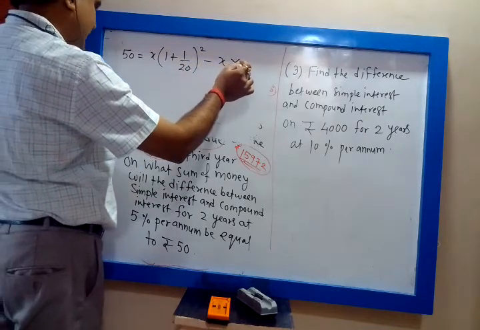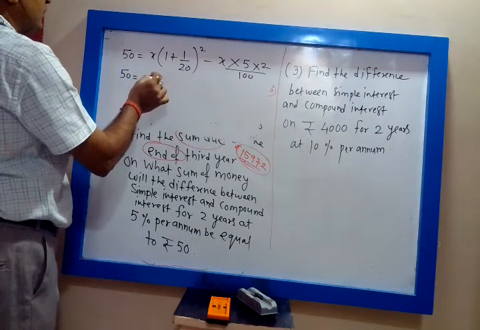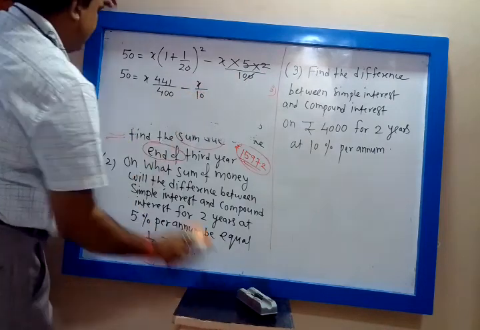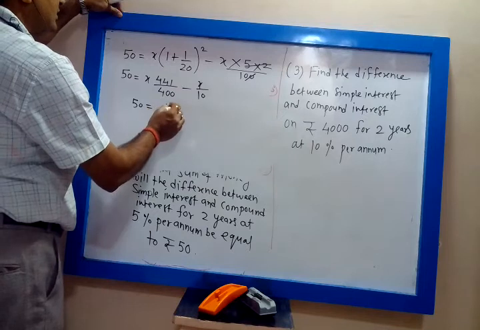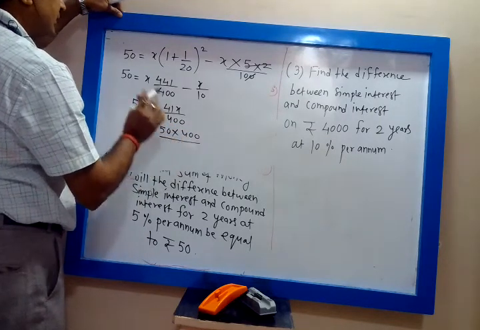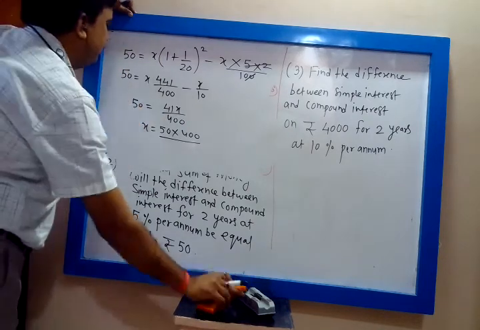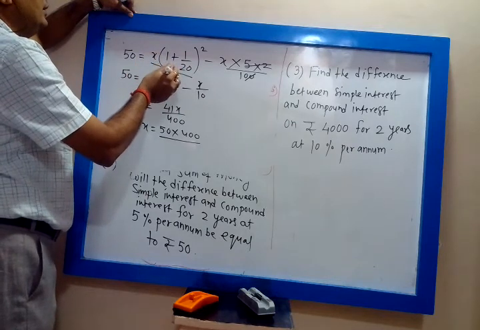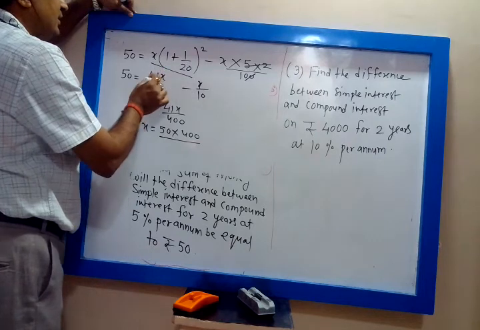So 50 is equal to x into 441 upon 400 minus x. So this is your amount A. Then CI will be A minus P, that is 441x minus 400x upon 400, which is 41x upon 400.